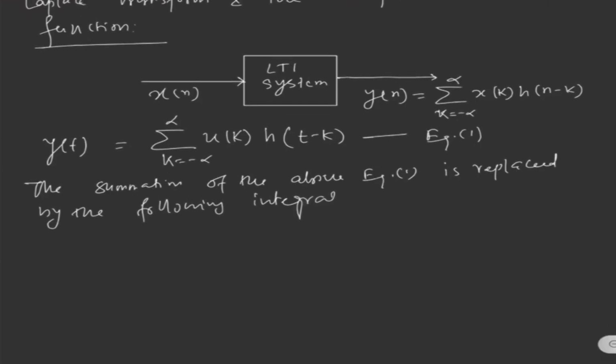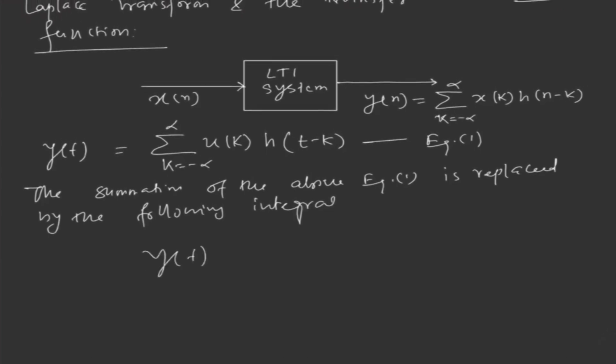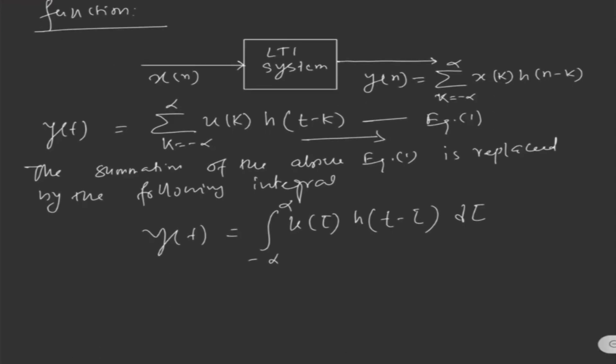So we can write y of t in integral form instead of summation: integral from minus infinity to infinity u of tau h of t minus tau d tau. This expression also can be written from the convolution sum. Let me define this as equation number 2.